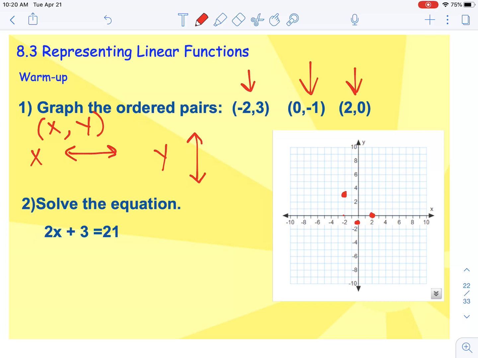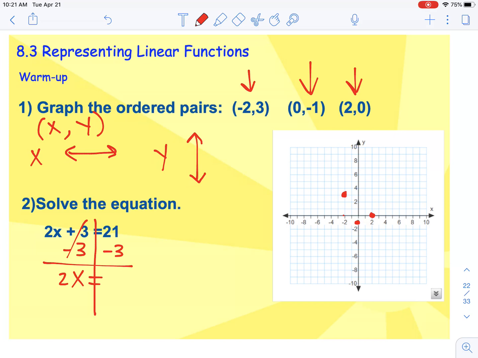Number 2 says solve the equation 2x plus 3 equals 21. So for this, we want to get x by itself. The first thing we need to do is get rid of that constant. It's a positive 3, so we're going to subtract 3 from both sides.